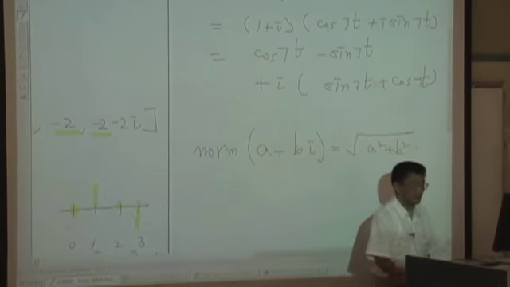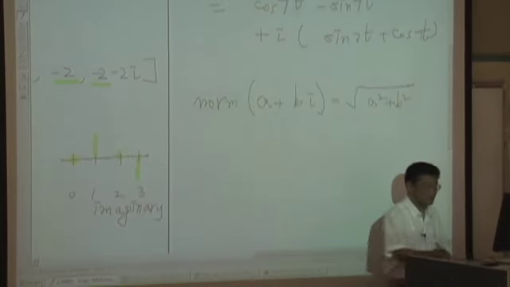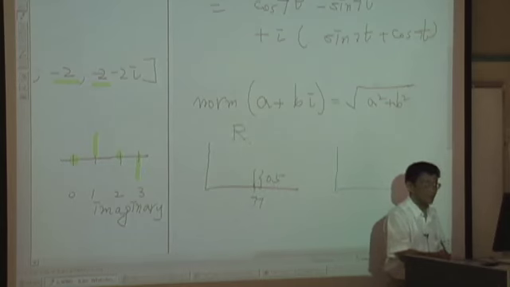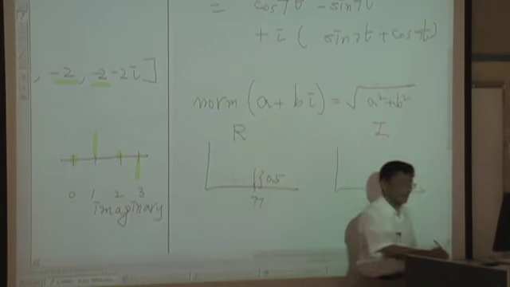Assume that you have the spectrum at the same frequency like this. So you have frequency 77. At this point, you have something like 0.5, and this is a real spectrum. And then the imaginary spectrum is here, and at the same frequency, you have like 0.3. Then what is the contribution?